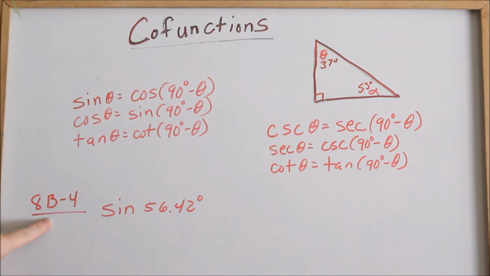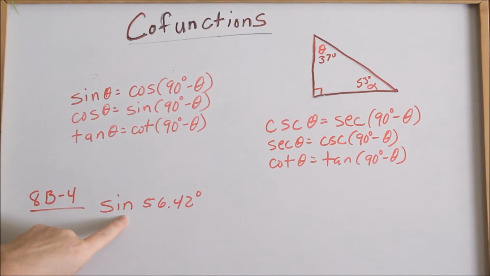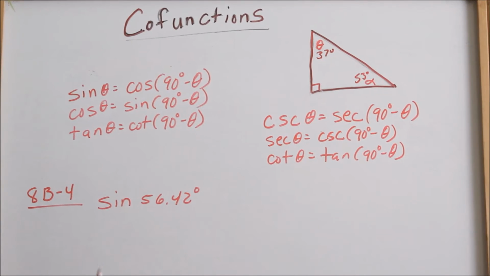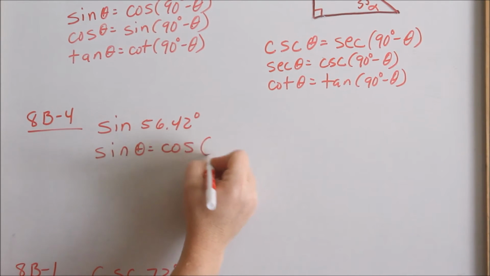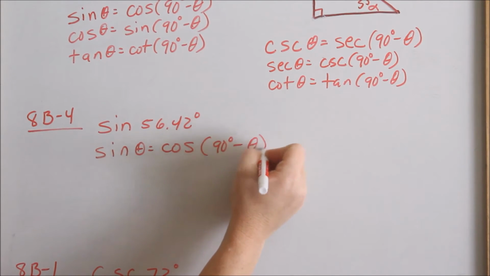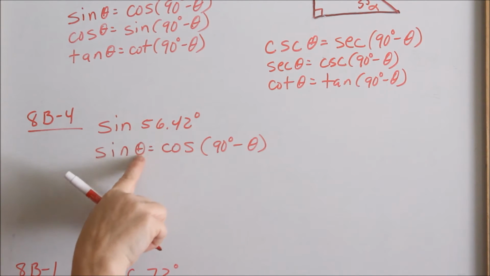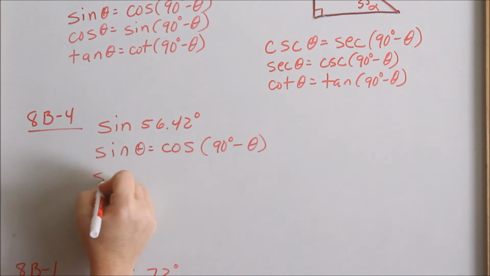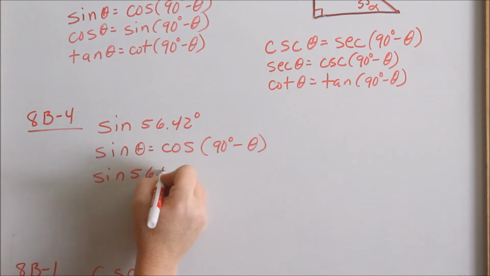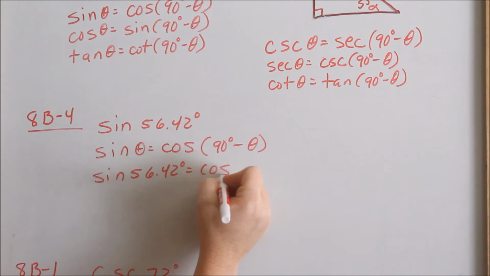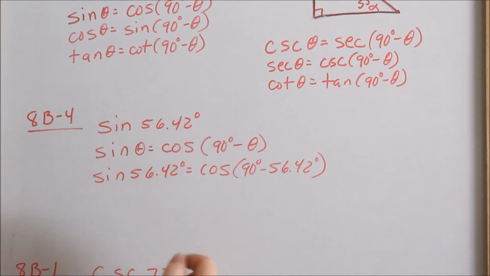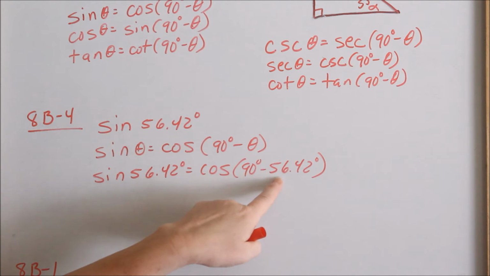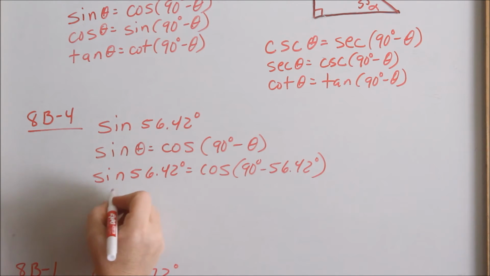So looking at 8b number 4, they're asking for the cofunction of sine of 56.42 degrees. So the cofunction of sine of theta is going to be equal to cosine of the other angle. Literally, you can just take your angle and put it in here everywhere for theta. So sine of 56.42 degrees is the same thing as cosine of 90 minus 56.42 degrees, because the other angle has to be complementary to 56.42 degrees.